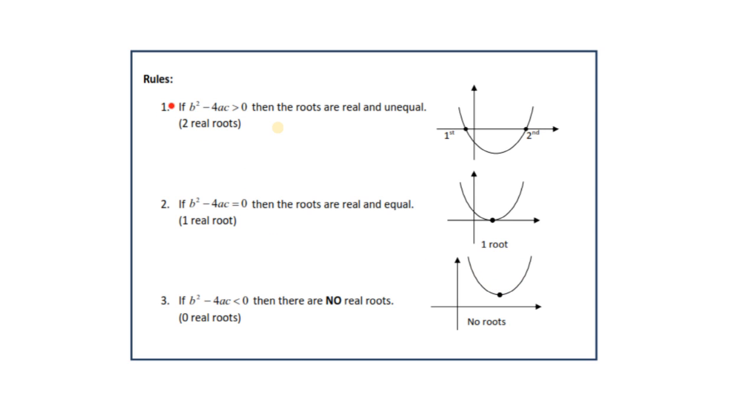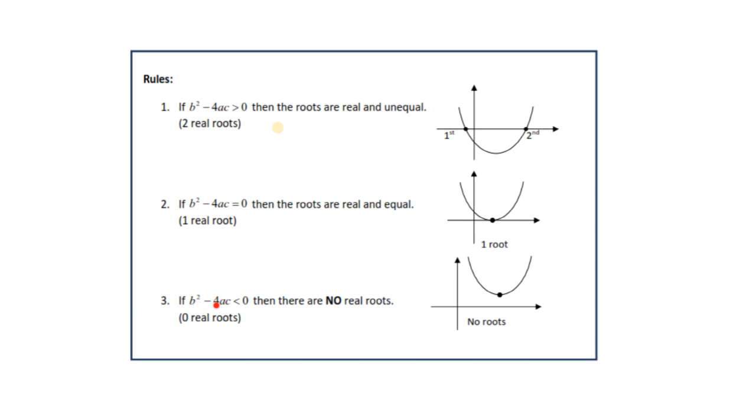And how do we know from our working what one will be what? Well, if b squared minus 4ac, if your answer is greater than 0, then that means the roots are real, they exist, but they are not equal, they're two different numbers. If b squared subtract 4ac is equal to 0, then that means the roots are real and equal, so it's only going to cross the x-axis once.